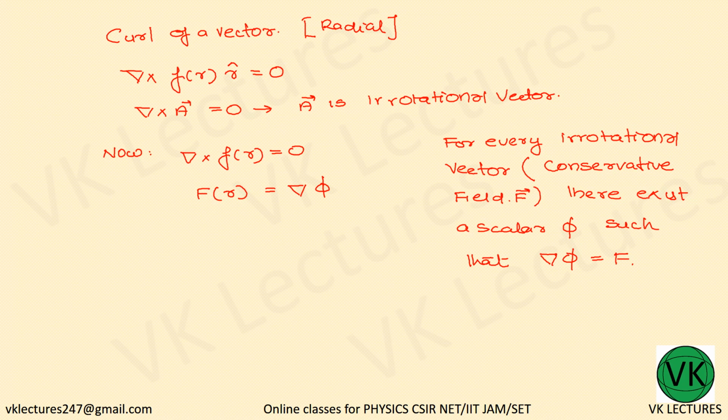So this is the concept. If del cross f of r equal to 0, then you can write the function f of r as the gradient of some scalar phi.